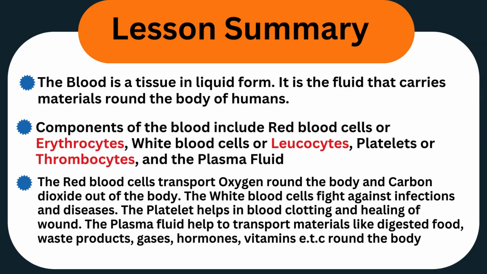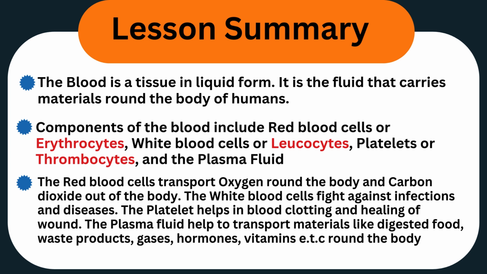The blood is a tissue in liquid form. It is the fluid that carries materials around the body of humans. The components of the blood include the red blood cells or erythrocytes, the white blood cells or leukocytes, the platelets or thrombocytes, and the blood plasma or the plasma fluid. The red blood cell transports oxygen around the body and carbon dioxide out of the body.